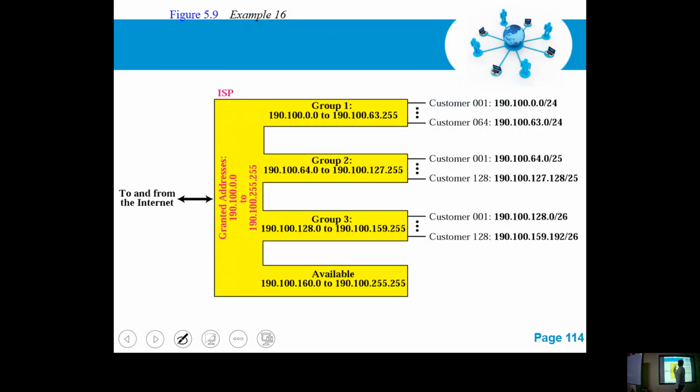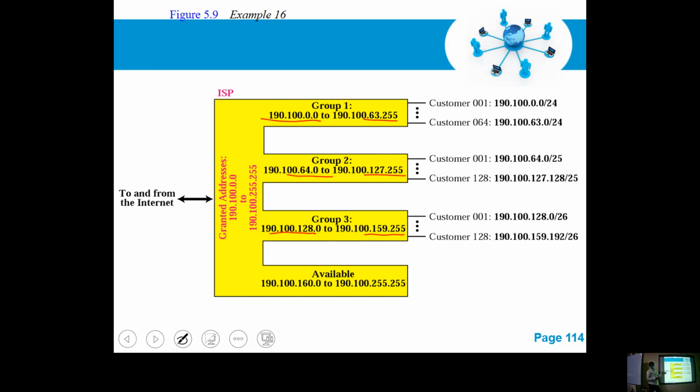See here, the first one, as I said, we are going to start from here and end at 63.255. This one you can directly get by using 2 power 6 into 2 power 8. Then 64.0 to 127.255. Then the last one 128.0 to 159.255.